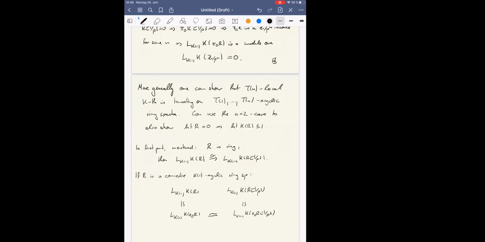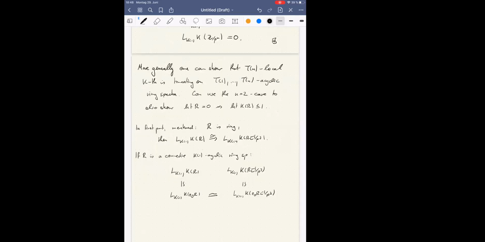So I see that it's also insensitive to inverting P on all connective K1 acyclic ring spectra, not just on classical rings. Okay. So are there questions about this?